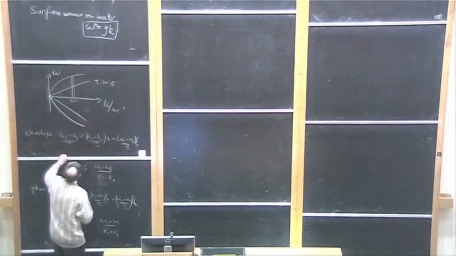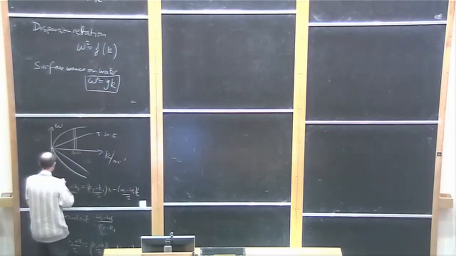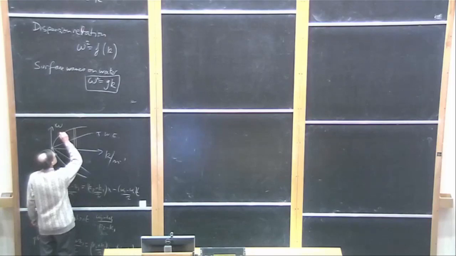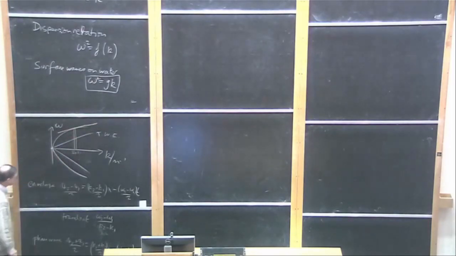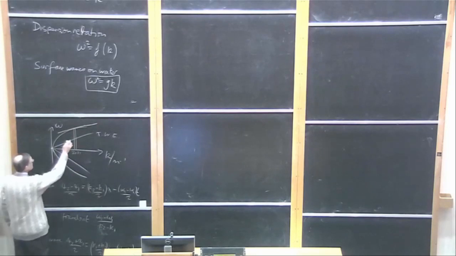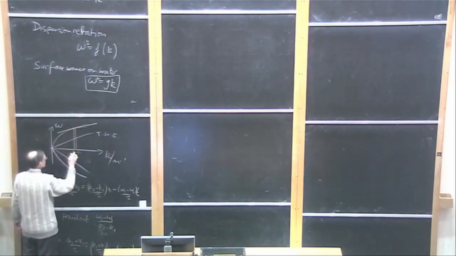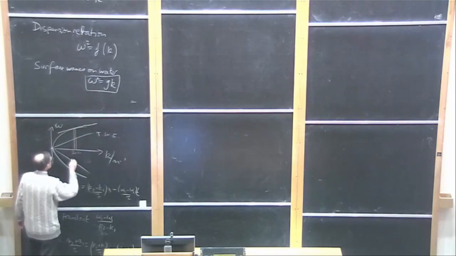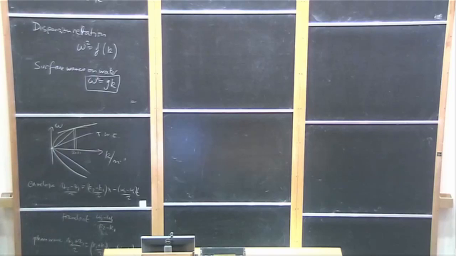So, on this graph here, the delta omega over delta k is effectively the slope of the dispersion relation at that point, whereas the omega bar over k bar, the (ω1 plus ω2)/2 divided by (k1 plus k2)/2, is essentially that slope there. And you'll see they're radically different.